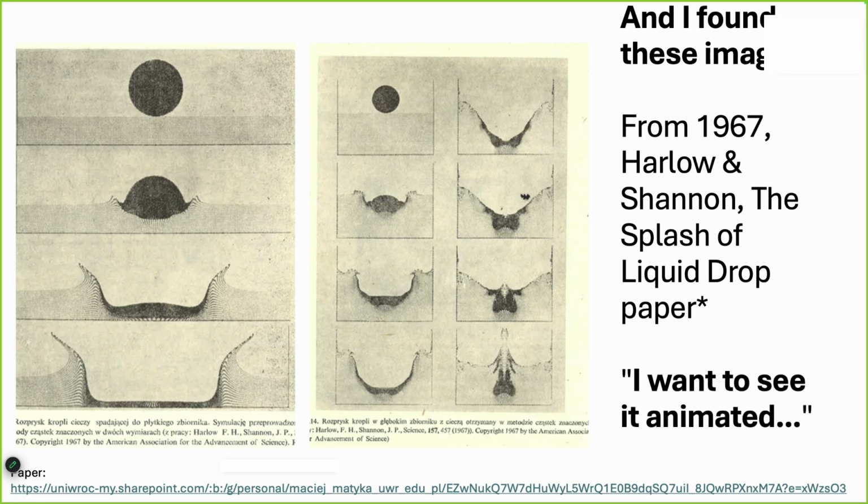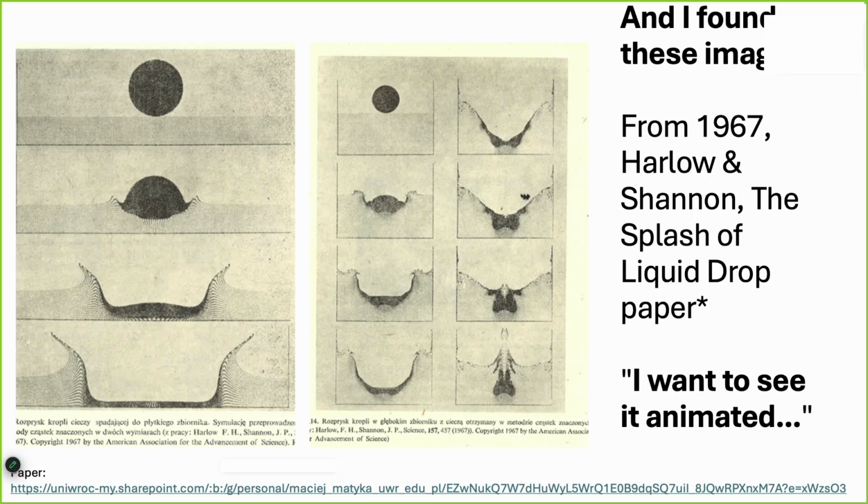When I saw this splashing of a liquid droplet going into a deep tank, I noticed that this was really attracting me, and I wanted to repeat it. I wanted to simulate it. And in my head, I had this feeling that I want to see that animated.